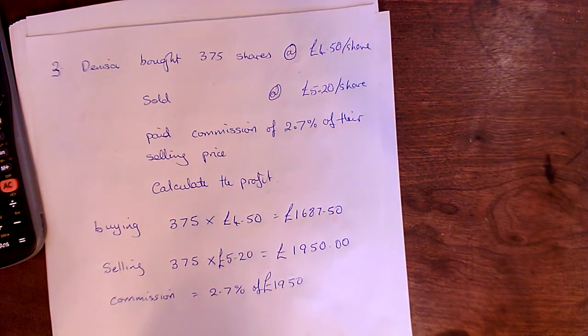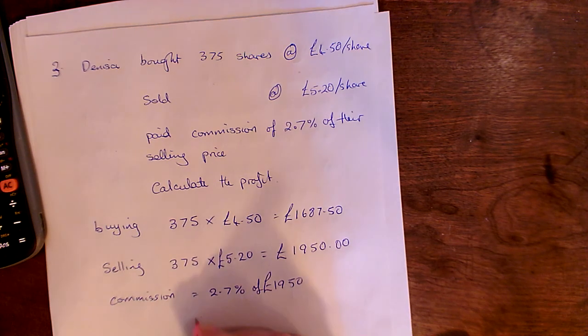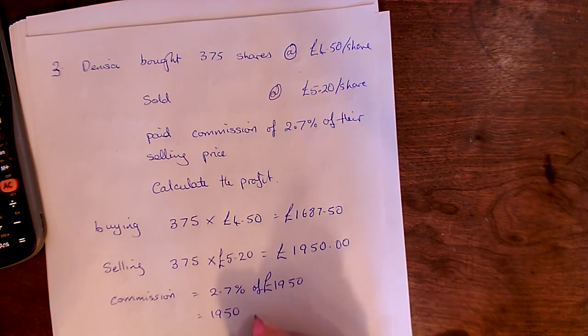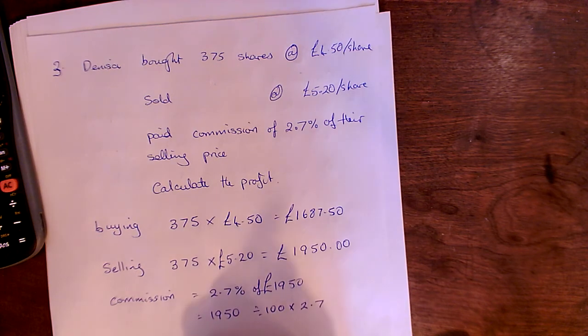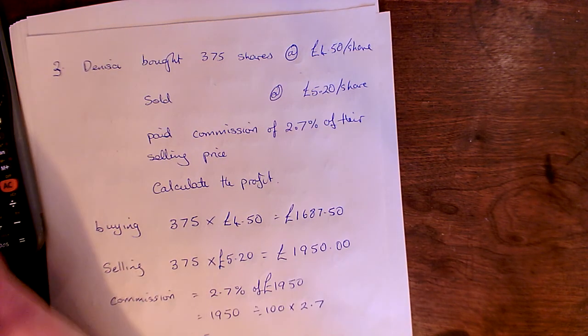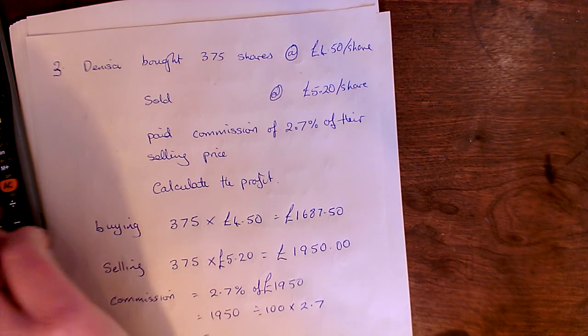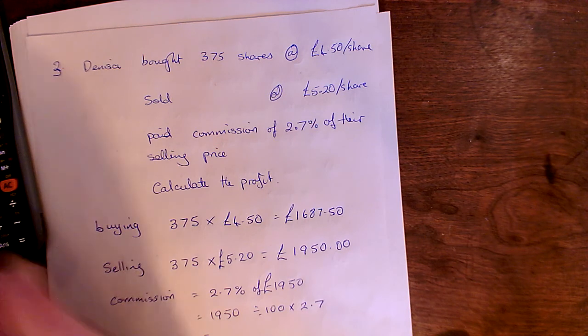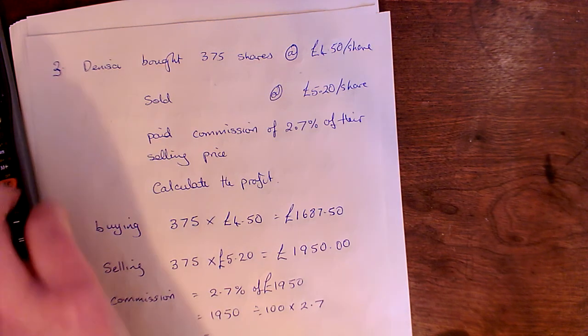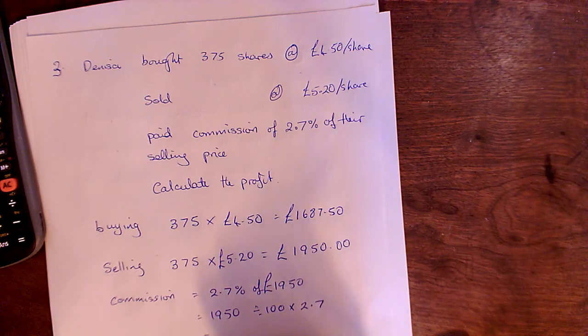That's 1950 divided by 100 and times by 2.7. So that is £52.65.